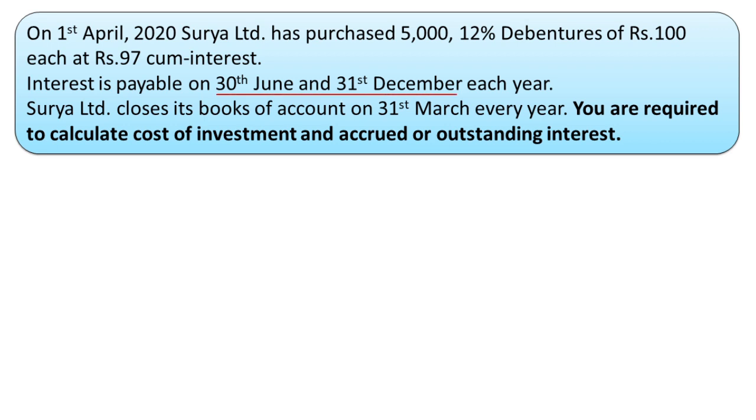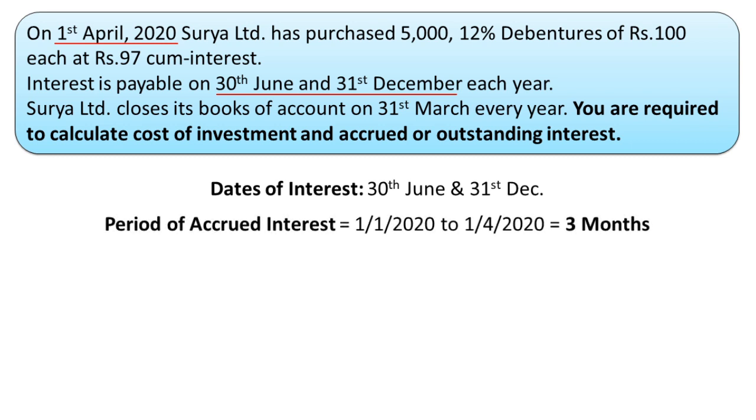Now first of all, we have to note down the date of interest, that is 30th June and 31st December, to calculate outstanding or accrued interest. So the period of interest will be from the last date of declaration of interest up to the date of purchase, that is 3 months in this example.